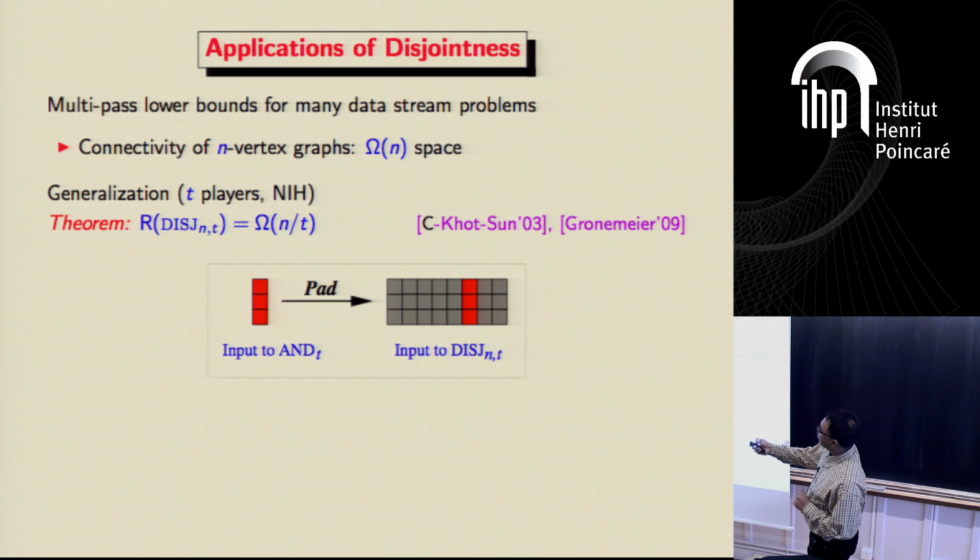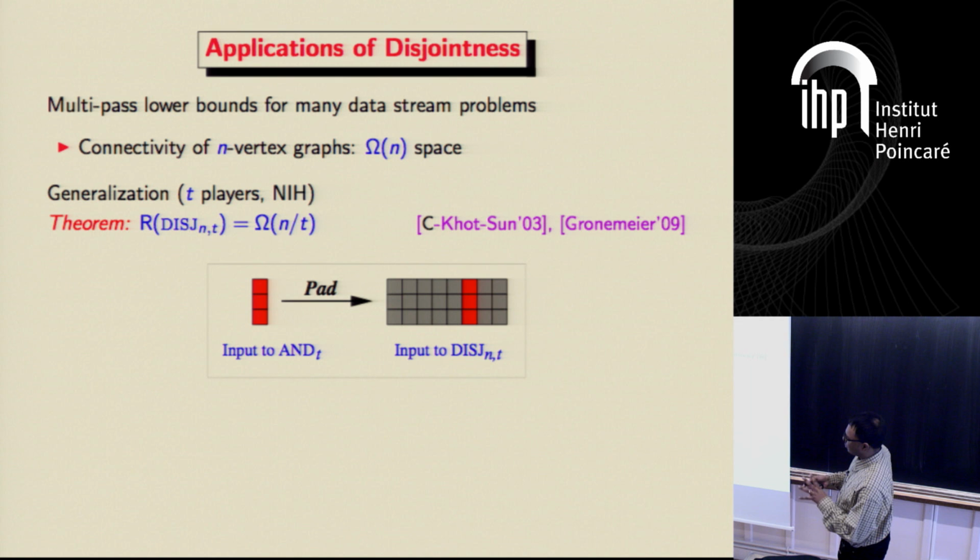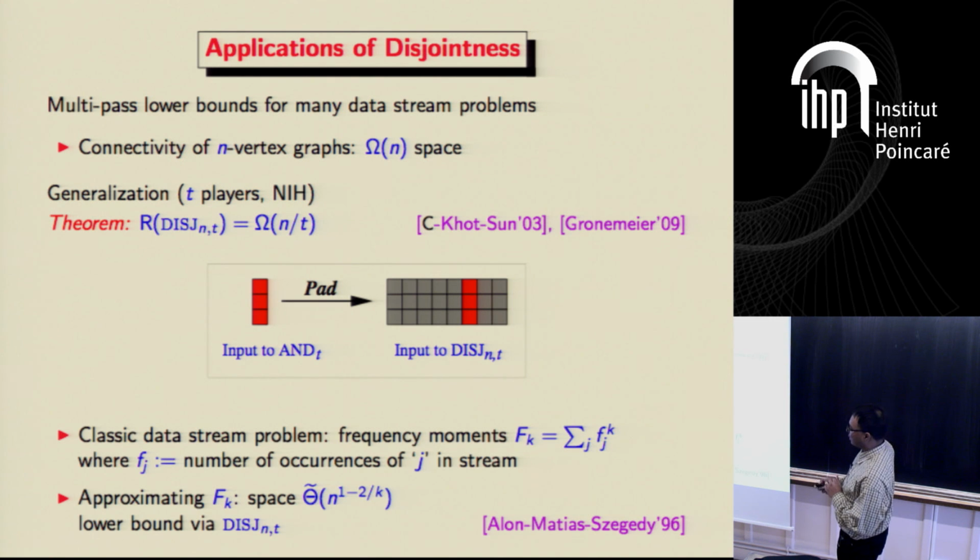The answer to that turns out to be n over t. This was proved in our initial paper for one-way protocols, and with a slightly weaker form for general protocols. And then Gronemeyer generalized the result fully to show that this is the case for arbitrary patterns of communication.